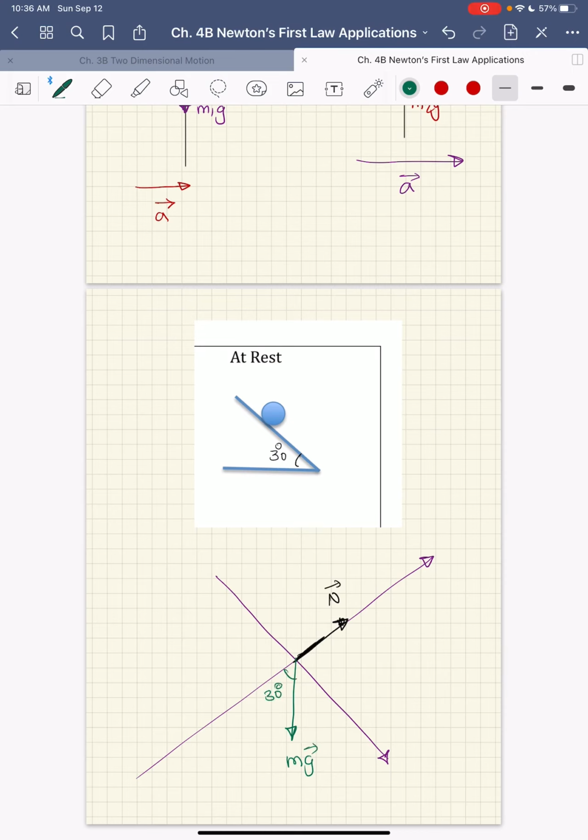Now, if we only have these two forces, the object will accelerate downwards because we don't have anything that keeps it from sliding, because part of the weight will be canceled by the normal, but there is another component of the weight that makes it accelerate downward. And this is the reason why I should add that there should be friction in this direction to prevent it from sliding. And again, here a equals 0.